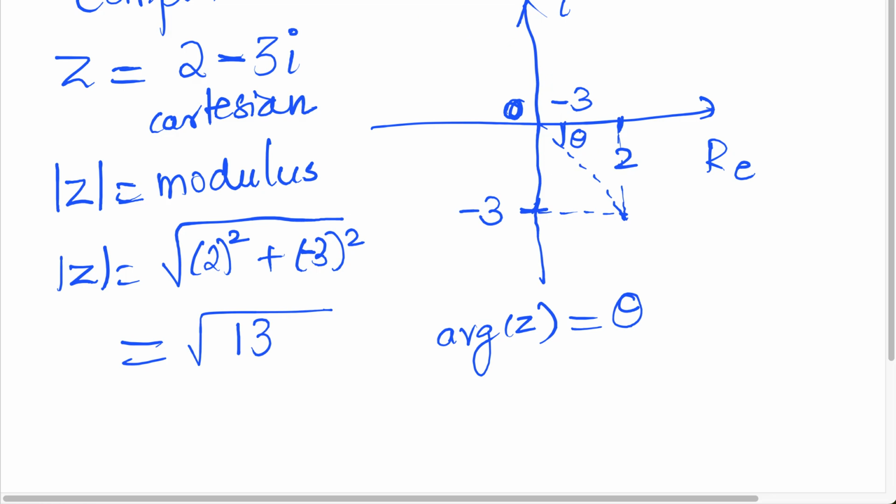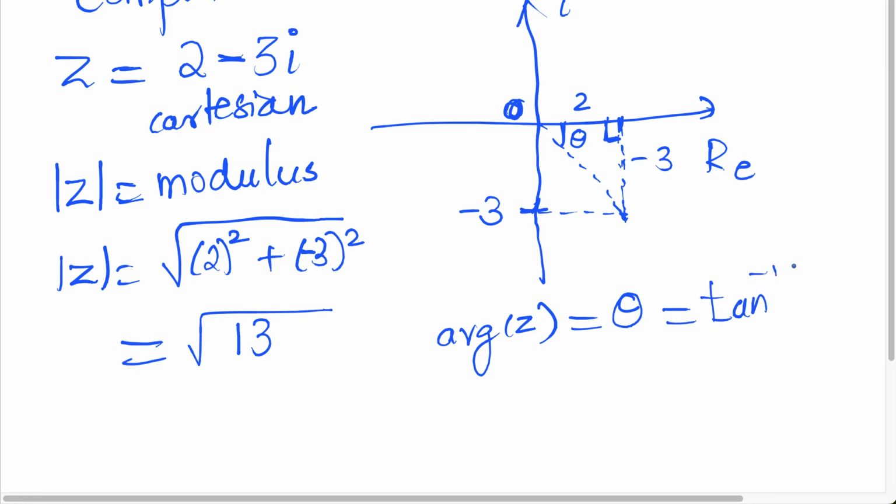So theta is, if I look carefully, my real number is 2 units and my imaginary part is minus 3 units, correct? And this forms a right angle triangle. So my knowledge of trigonometry says tan theta is opposite side upon adjacent side, so theta will be tan inverse.